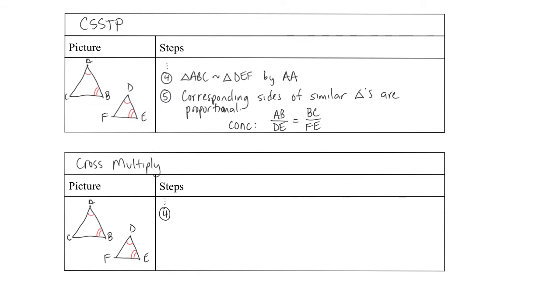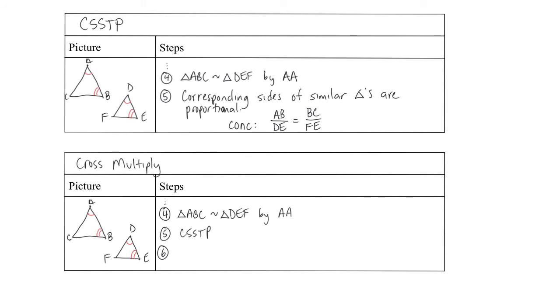Now, again, you're going to prove that the triangles are similar. You're going to have the CSSTP step. That does not change. Those two steps come first. But if it asks you to, you would actually cross multiply these two things.